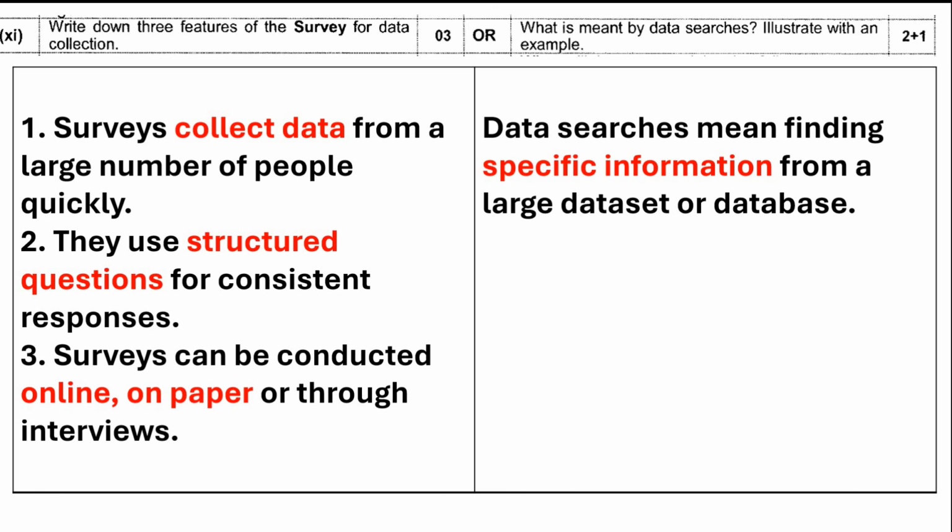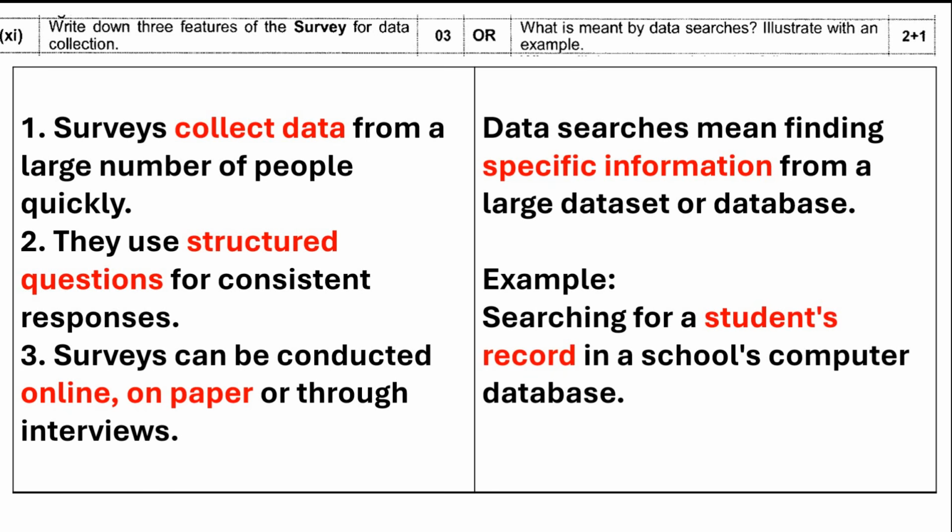You want to find specific information from those data, that is called search. Next example, searching for a student record in a school's computer database. There is a school computer database, and you want to search one student record. This is an example of a search.